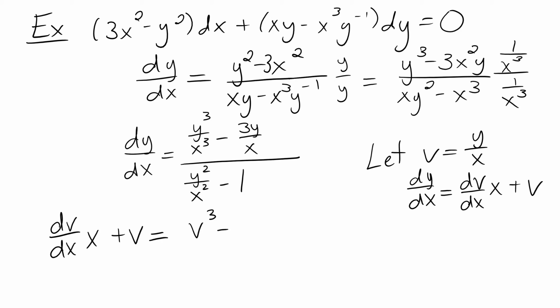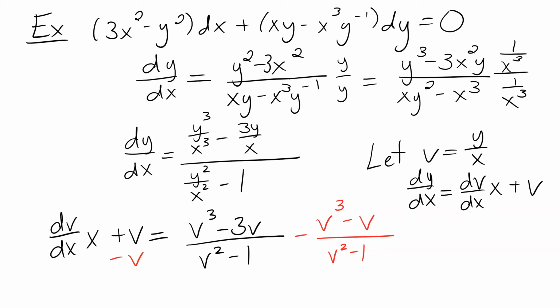V cubed minus 3v all over v squared minus 1. Now, I'd like to subtract v from both sides, but on the right-hand side, I really need to have that common denominator, so I'm really going to subtract v cubed minus v.